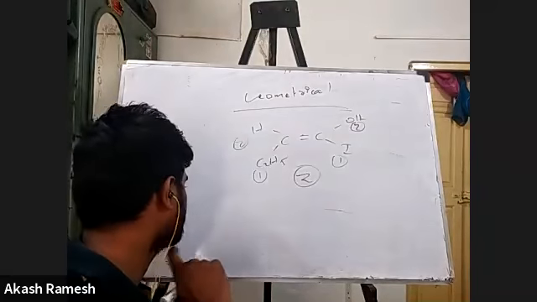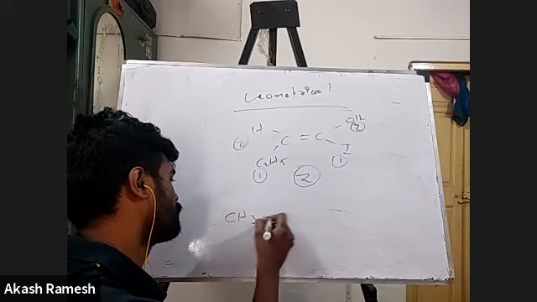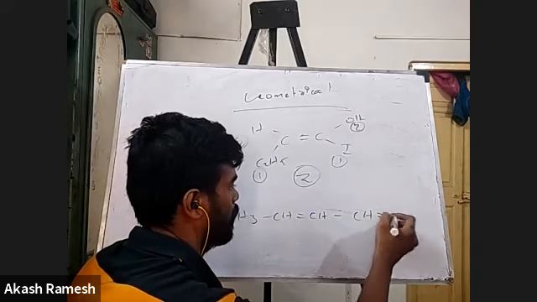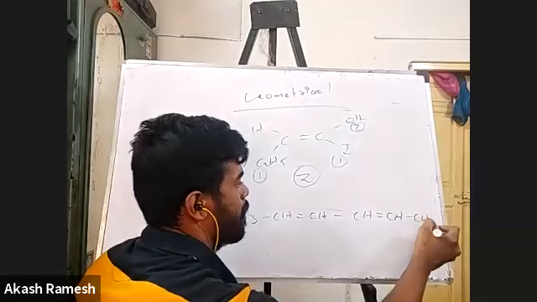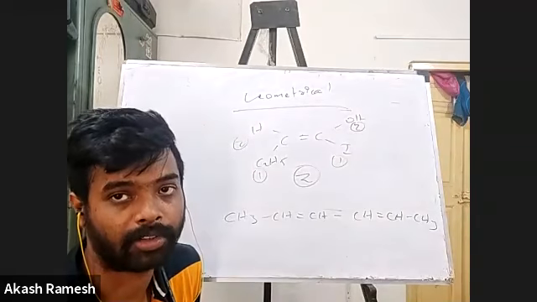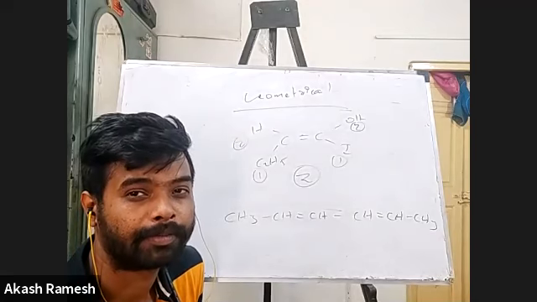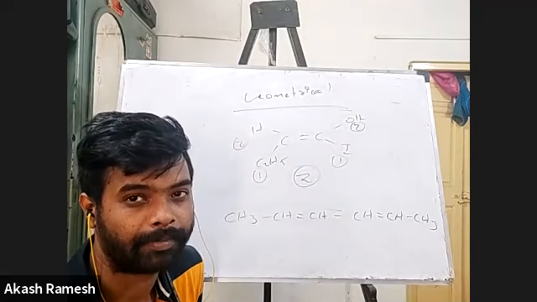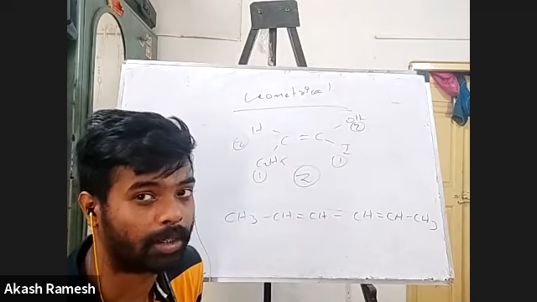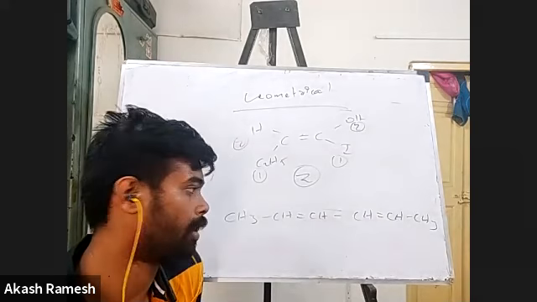Let me have this kind of structure. I have two double bonds here. Now, how will you go about it? Can you think and tell me how many geometrical isomers are possible for this particular molecule?